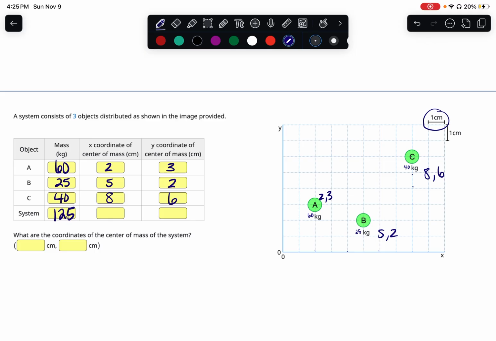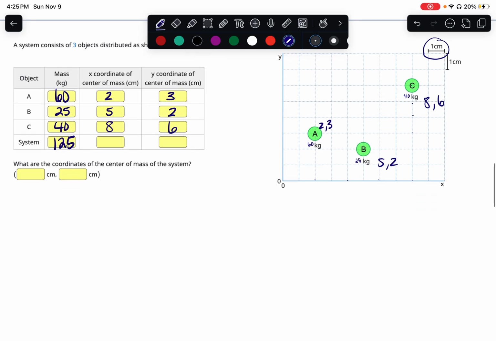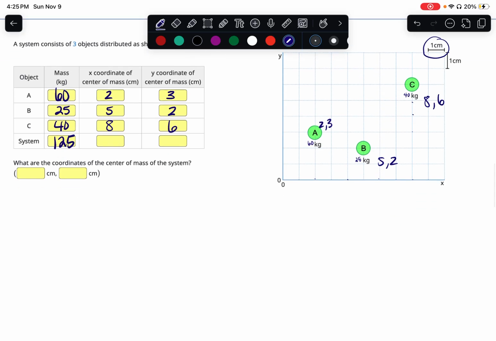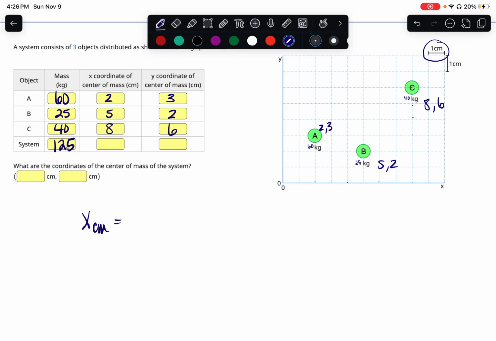Now, since we have different x-coordinates for everything and different y-coordinates, we're going to have to do what we did in the last one, but for both of the coordinate planes. So I'm going to find the center of mass for the x-coordinates. So the center of mass is going to be the mass times the position of the first object.